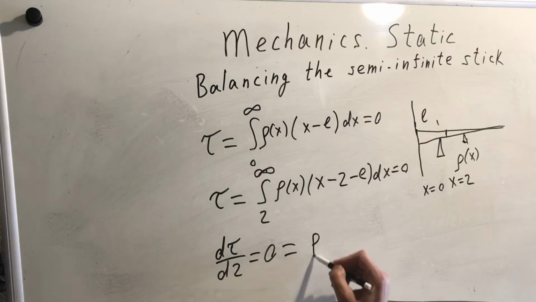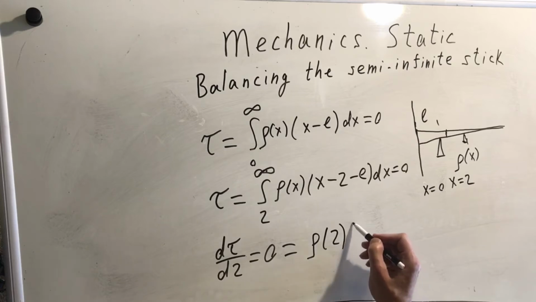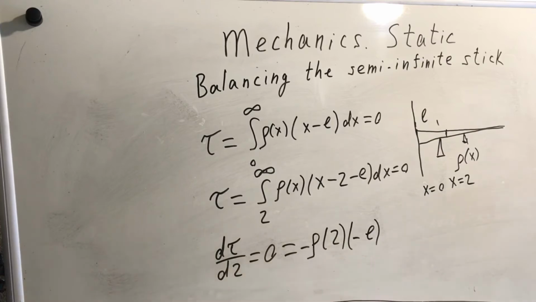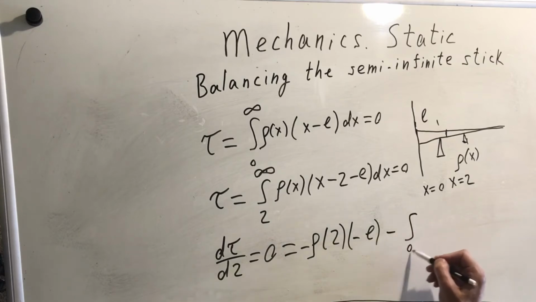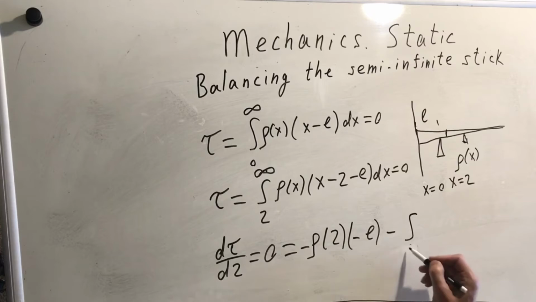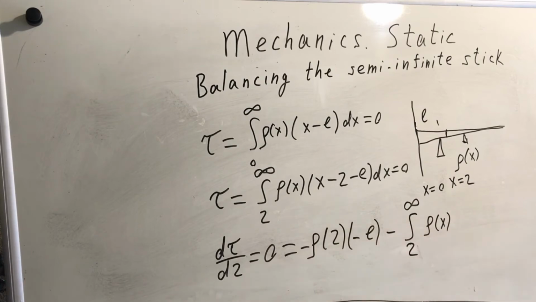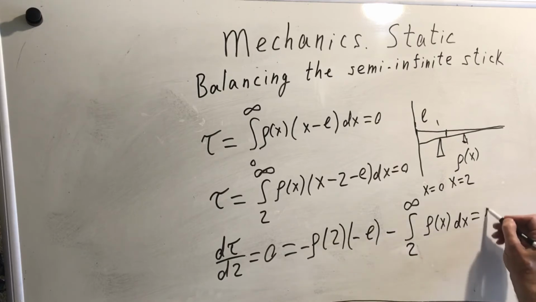So we have rho at position z multiplied by negative L. And the other part is the derivative of the expression inside the integral, which is again negative, the integral from z to infinity of rho(x) dx, and that's equal to 0.